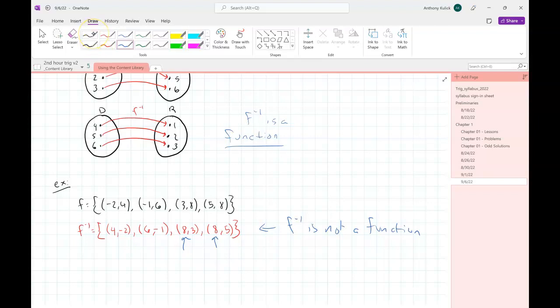So it appears sometimes my inverse will be a function and sometimes it won't, right? It would be nice to be able to just look at f and tell whether I should be expecting a function back for f inverse or not.